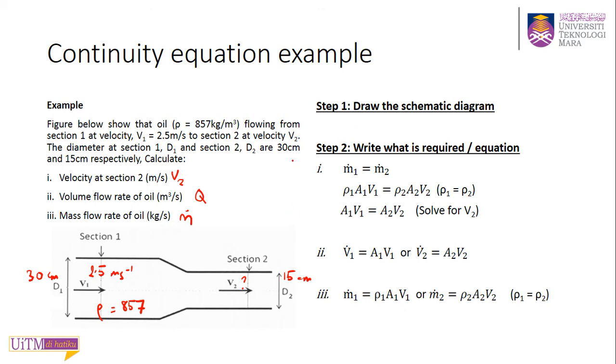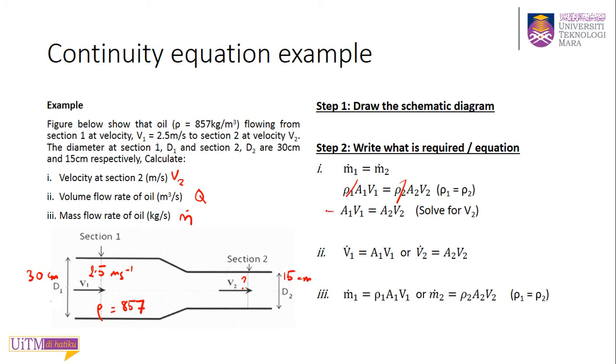Since this is incompressible flow, we assume that because it doesn't mention anything about compressible, the rho at 1 is the same as at 2. So you can cancel out rho 1 and rho 2, and this gives us only A1 V1 is equal to A2 V2.